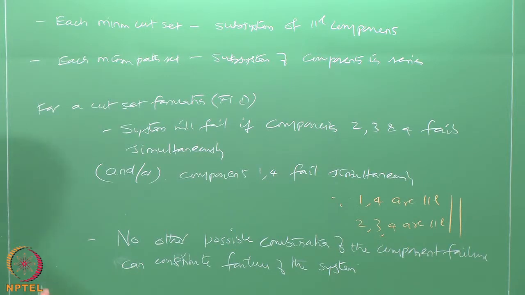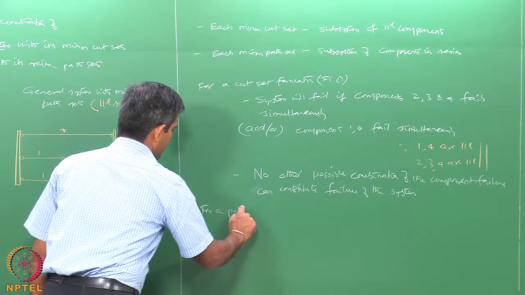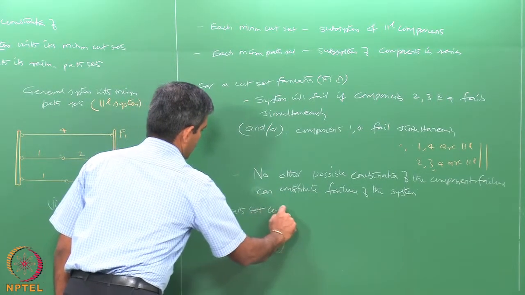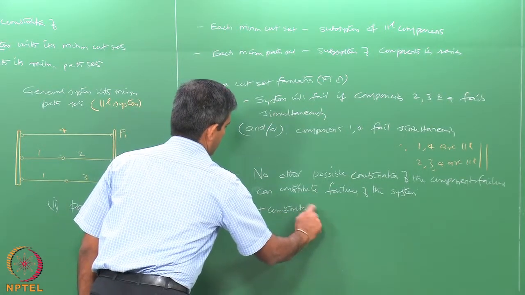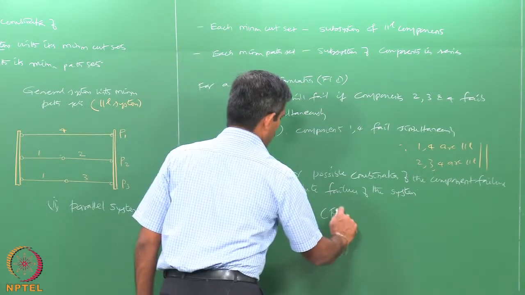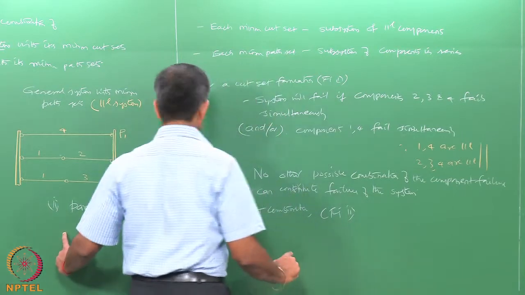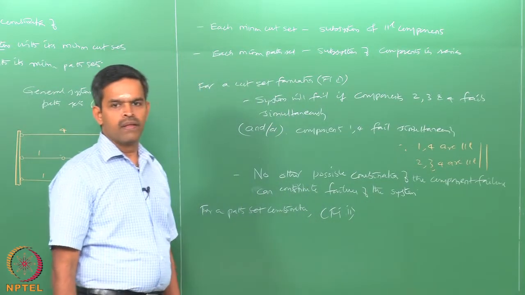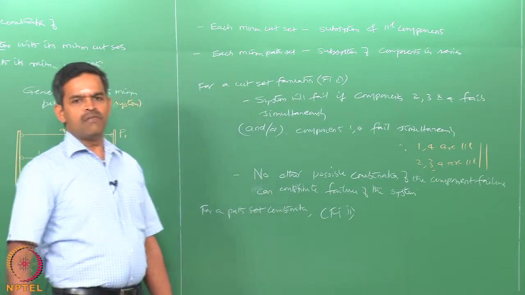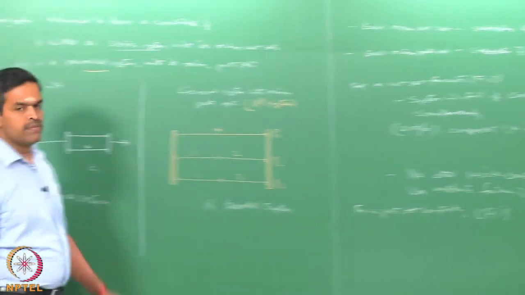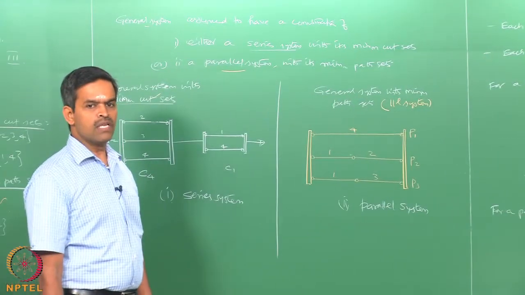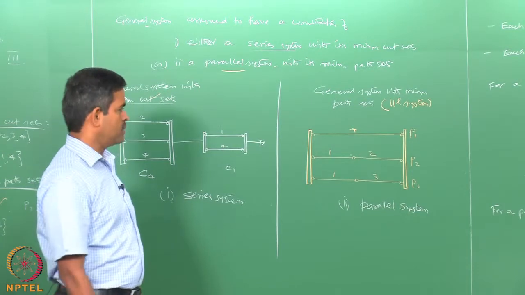Now, for a path set combination, which you can see from figure 2, as you see here, it is very easy to verify that the system survives if any one of the series subsystem survives, is it not?